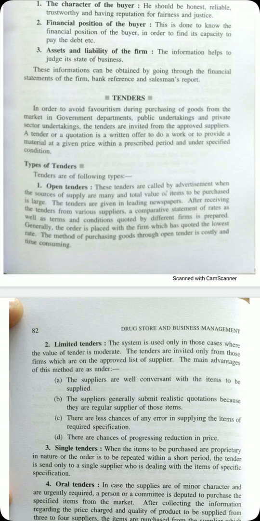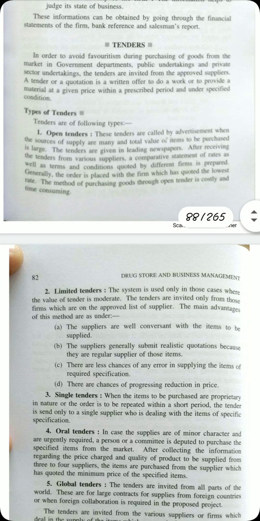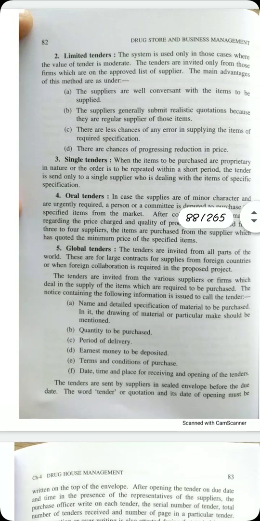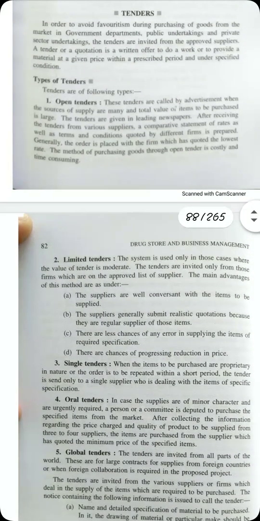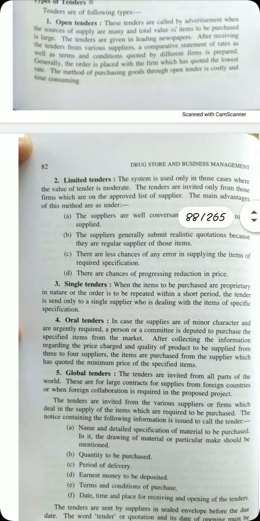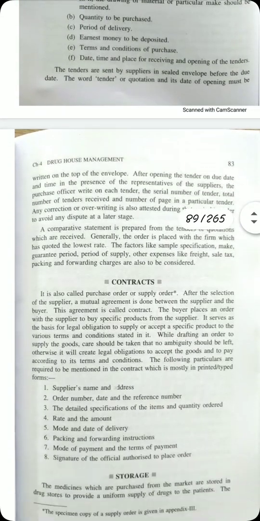Tender, it is a written offer to do work within a specific time, at a given price and under specified conditions. There are five types of tender: open tender, limited tender, single tender, oral tender, and the last one is global tender.